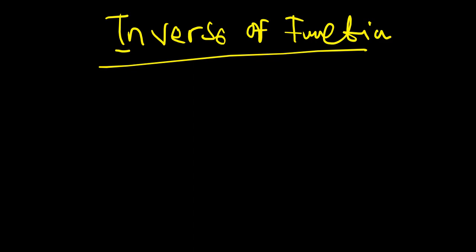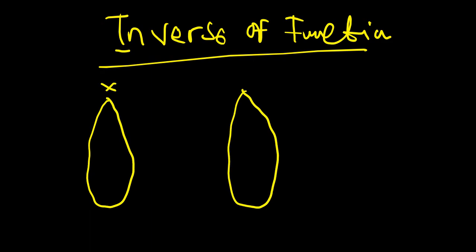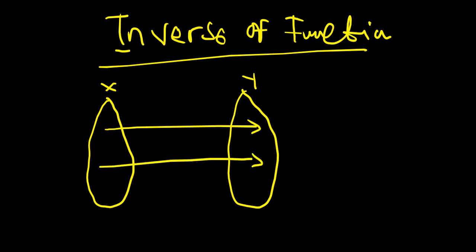So if for example I have this relation here, let's say I have x there, and then I have another set here which is y. If I have a relation that goes from x and maps to y like that, this function will be our function f of x.